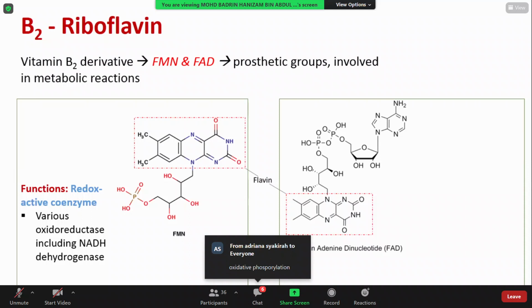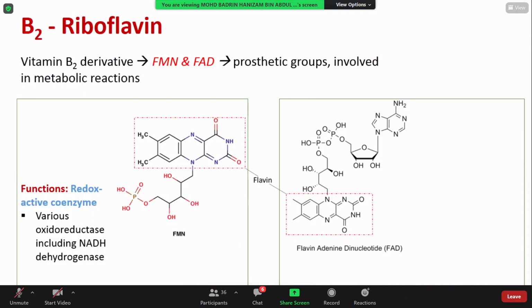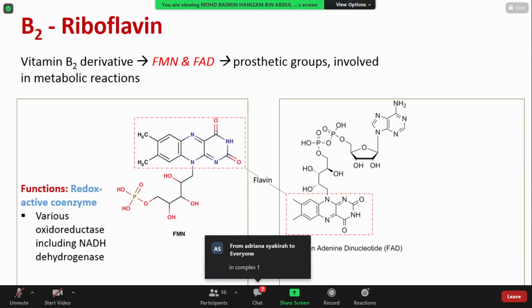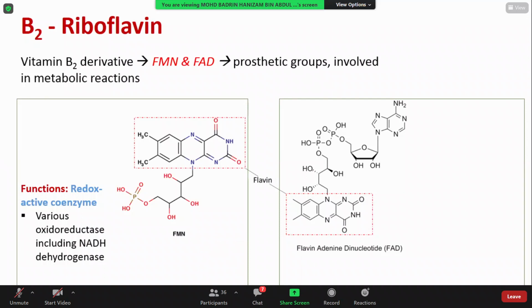Yes. From ETC and oxidative phosphorylation. ETC and oxidative phosphorylation. Yeah. Okay. Nur Jasima, is Balkis correct?